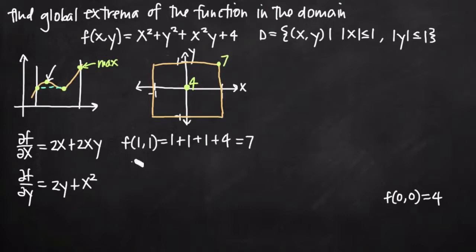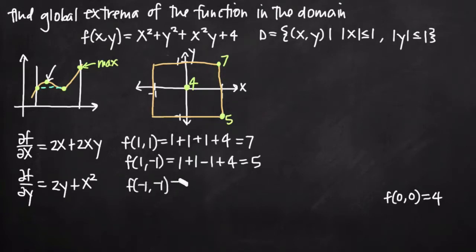Now I need to test the other 3 points. I'll do f of positive 1, negative 1. That's going to be equal to 1 plus 1 minus 1 plus 4, in other words, 5. So the value at this corner right here is equal to 5. I'll do now my point negative 1, negative 1. So f of negative 1, negative 1 is equal to 1 plus 1 minus 1 plus 4, or 5.